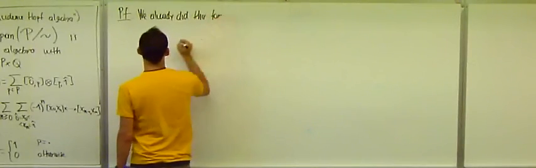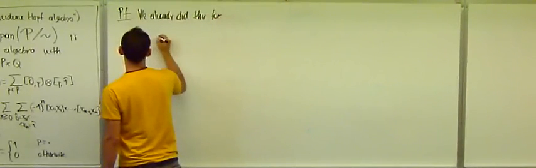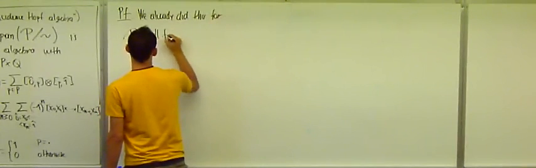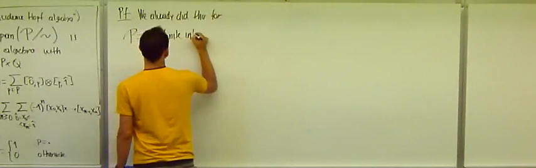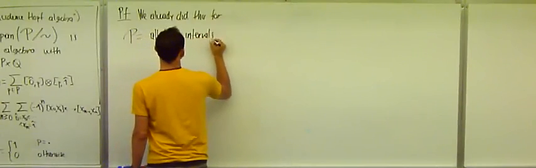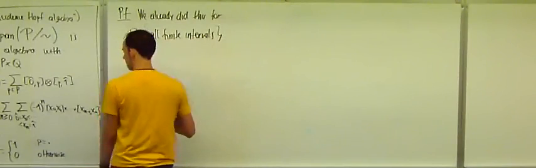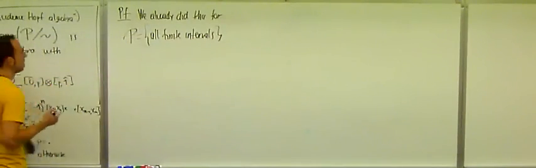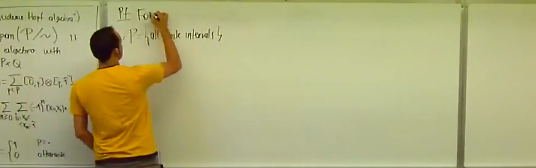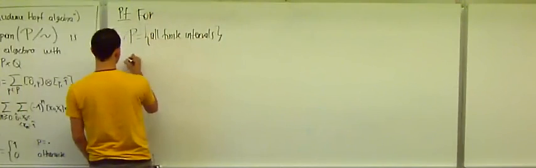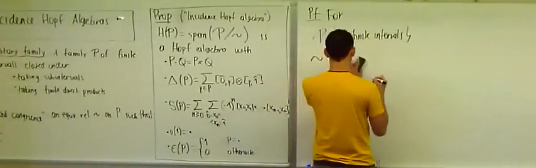For P the collection of all finite intervals. Well, let me be a little bit more precise. Let me say for P equals this, and this equals equivalence, poset isomorphism.